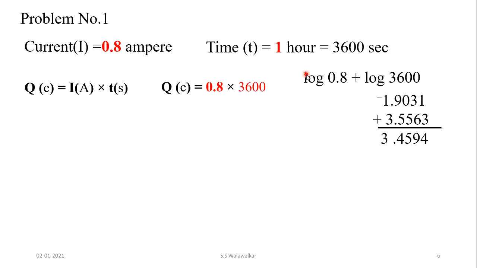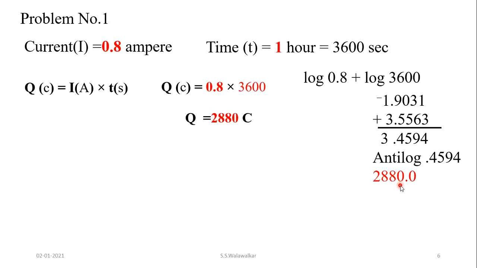So if you add these two, then it is equal to how much? 3.4594. So antilog of 0.4594 is 2880. Here the characteristic is 3, so you have to put the decimal point here. So 2880. So here Q is equal to how much? 2880 coulombs of electricity is required.